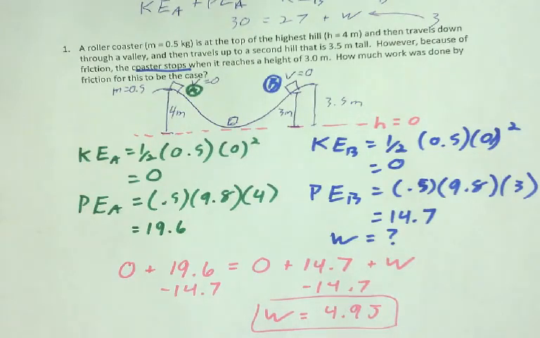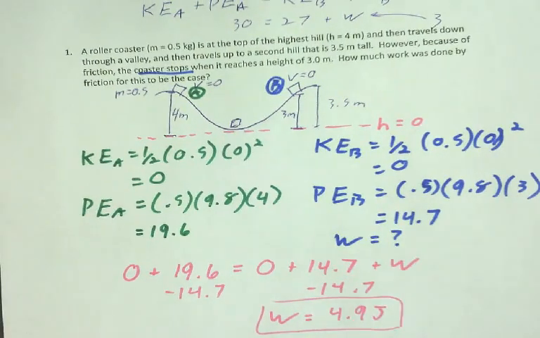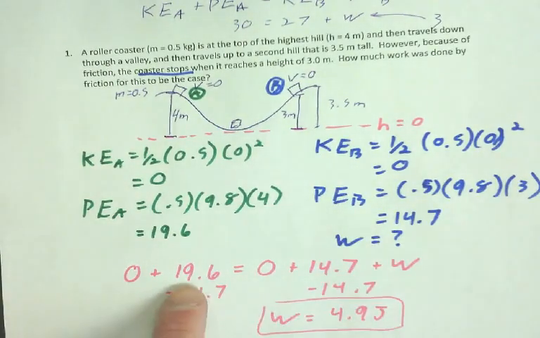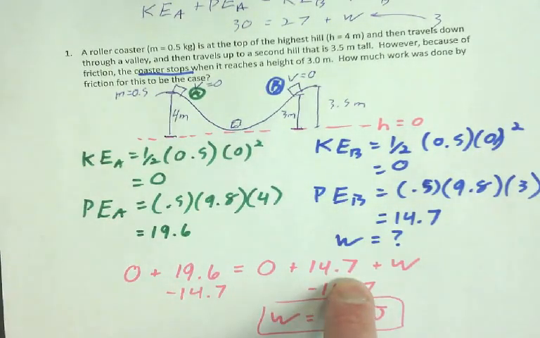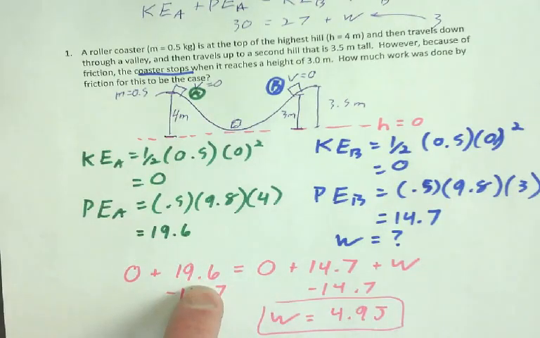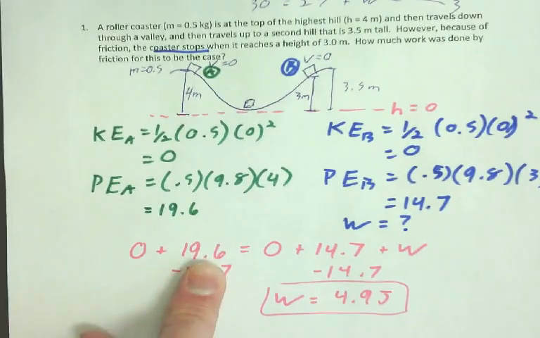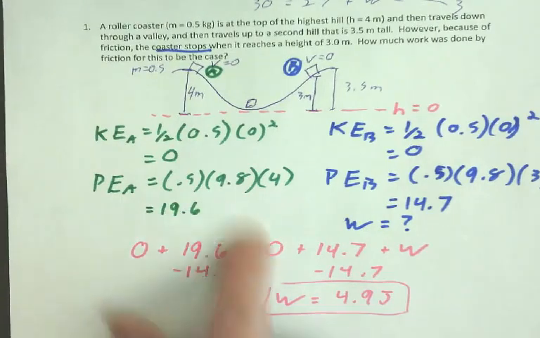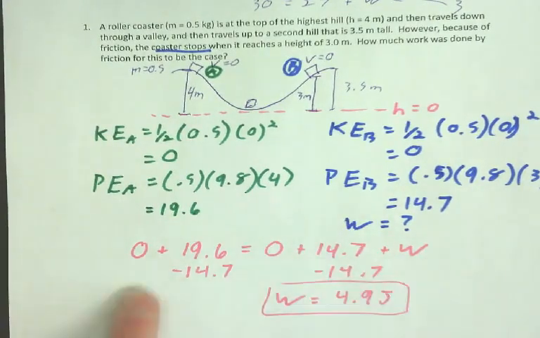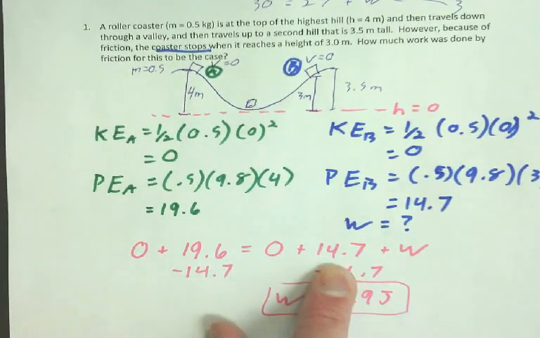So again, even though friction does negative work, and we know it does negative work, the reason I did not plug in a negative number and the reason why I did not get a negative answer is because I'm treating this as the lost energy. Okay? I'm looking for what do I need to add to 14.7 to get 19.6? Again, energy cannot change. The total energy before has to equal the total energy after. 19.6 can't equal 14.7.